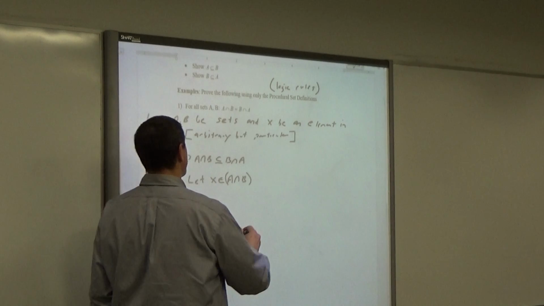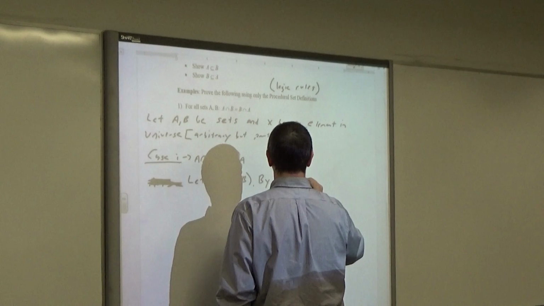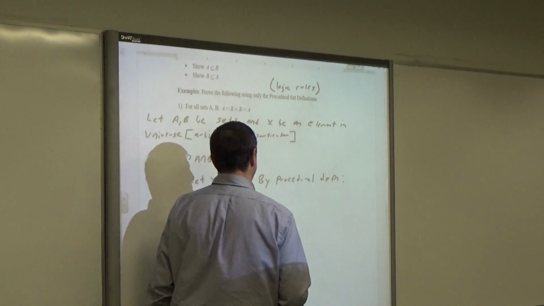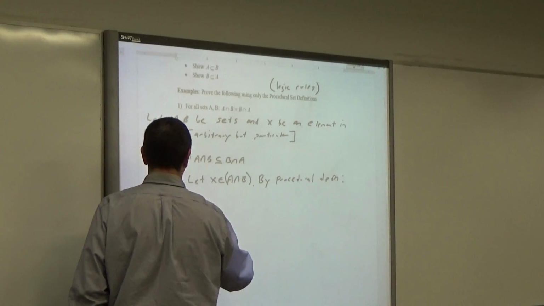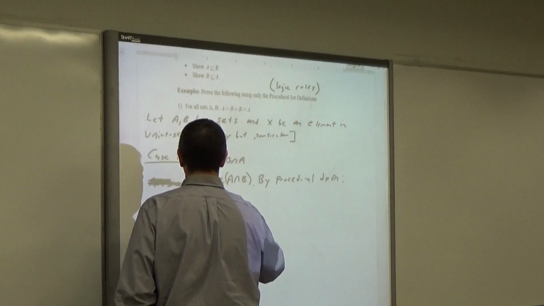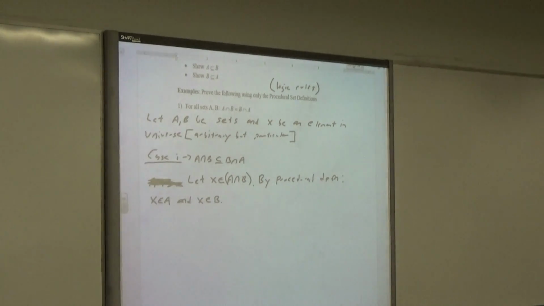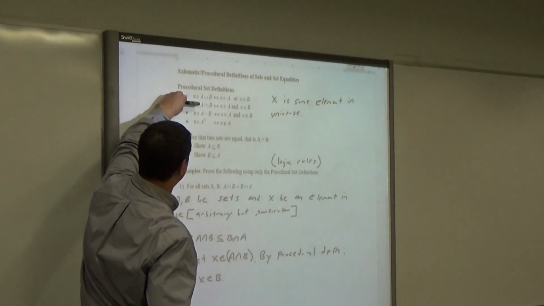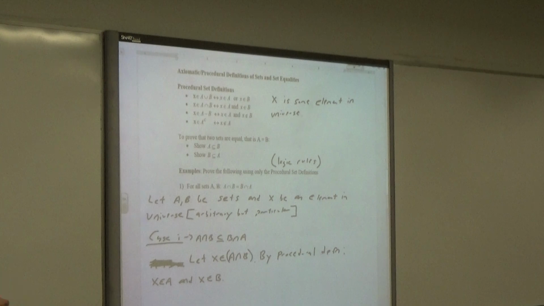Okay, so we can say by procedural definition, in other words, one of those definitions up top, couldn't we say that X is an element of A and X is an element of B? And that's the definition that we just used, okay? We said that that's fundamental. We have to assume that that's true. Okay, so everyone's okay with that, guys?